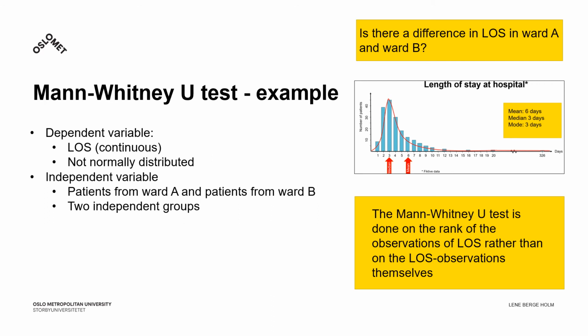So then you can do a Mann-Whitney U test. I will not go into details about how to do a Mann-Whitney U test, but what you should know is that this test is done on the rank of the observations of the length of stay rather than on the length of stay observations themselves.